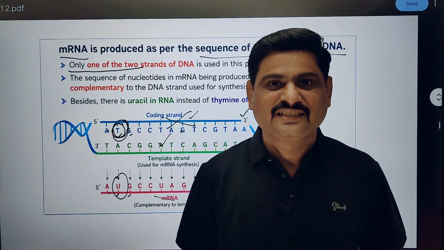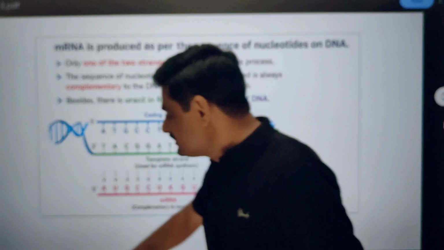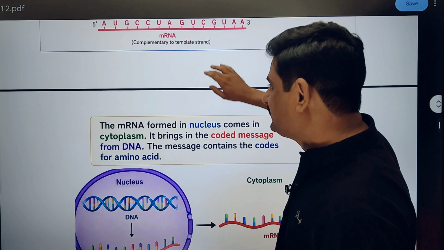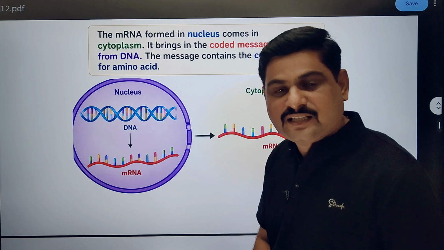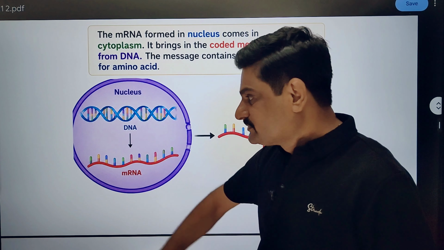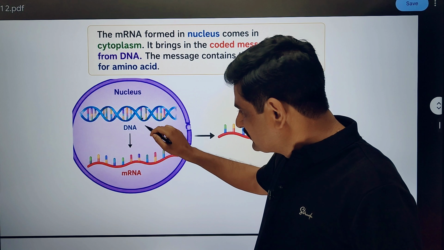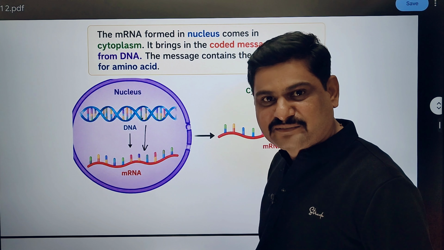Now this mRNA which is produced, where it forms is very important. We already understood that our DNA is present in the nucleus. The mRNA is made by using DNA only, because DNA information only will come to RNA.